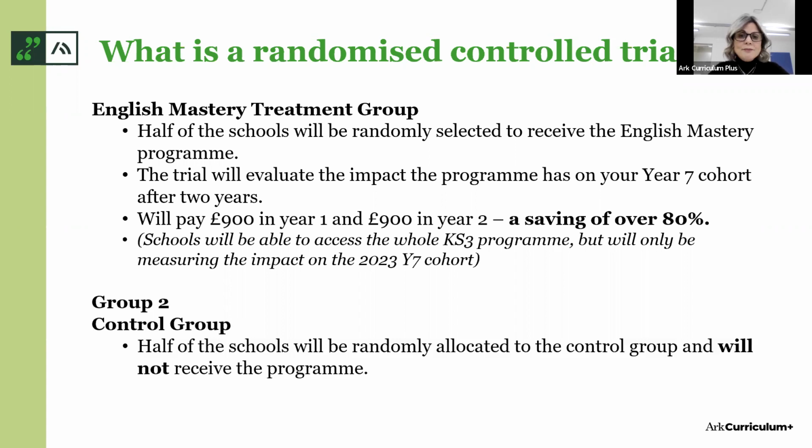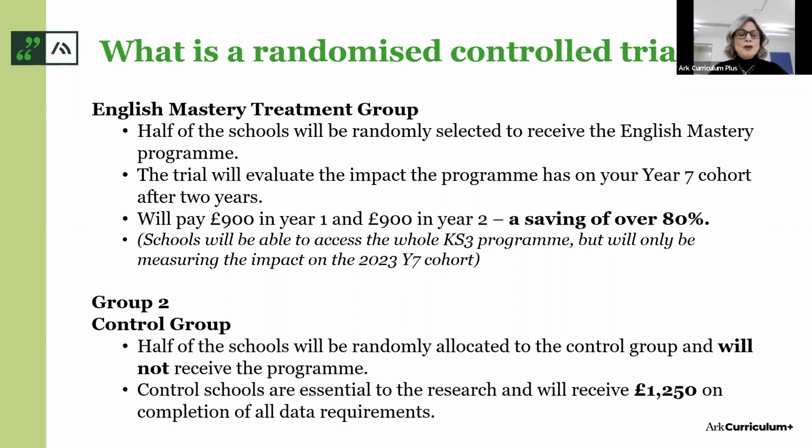The other 50% of schools go into a control group. You'll be randomly allocated to that group, and it's just business as usual for you. You do whatever you would normally do for your year 7s and 8s. As a control group, you are just as important to our research as the groups taking part in the trial. In fact, we literally couldn't do it without you. So as a thank you, you will receive £1,250 on completion of sharing your data with us.